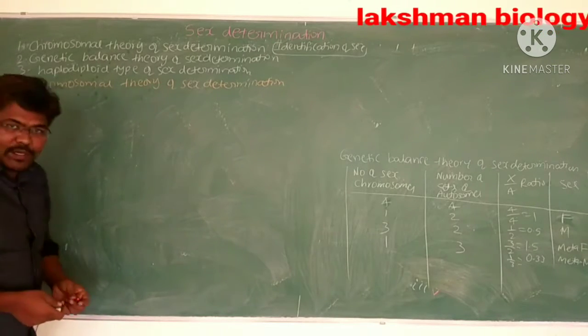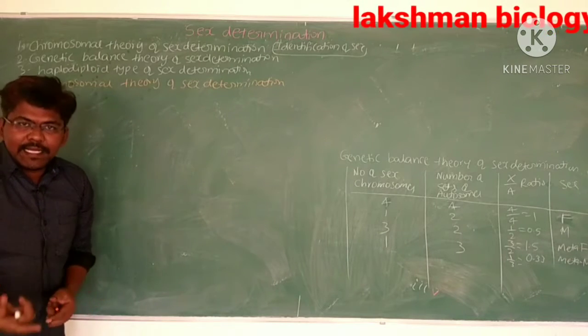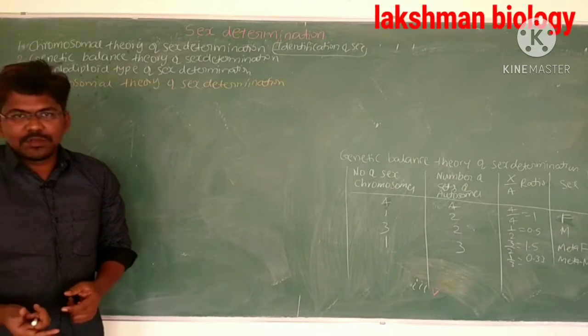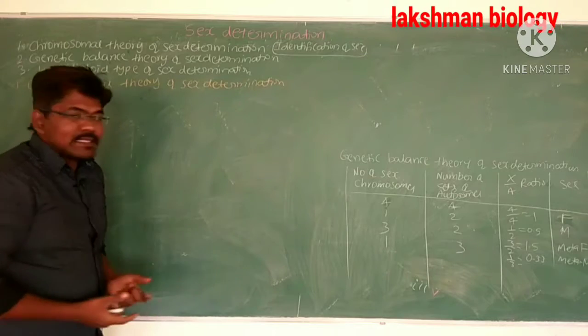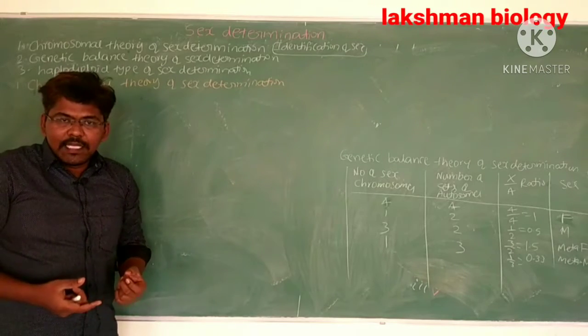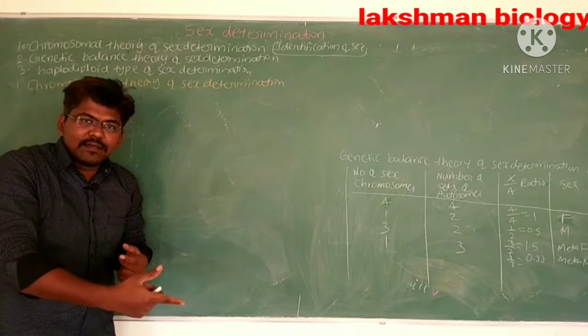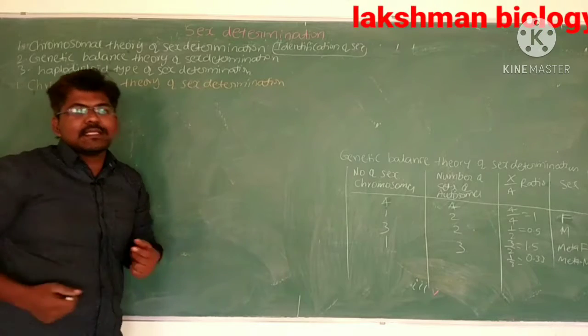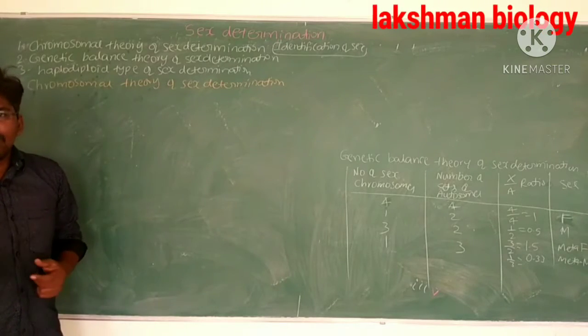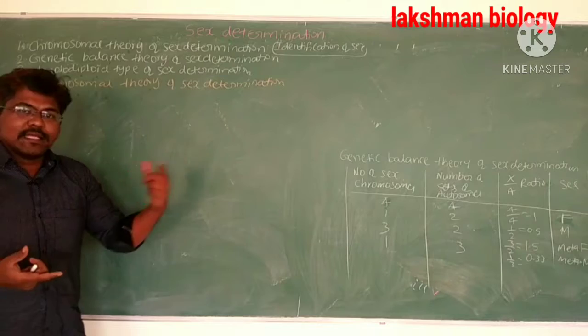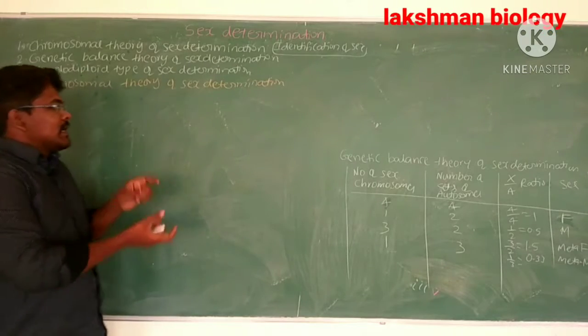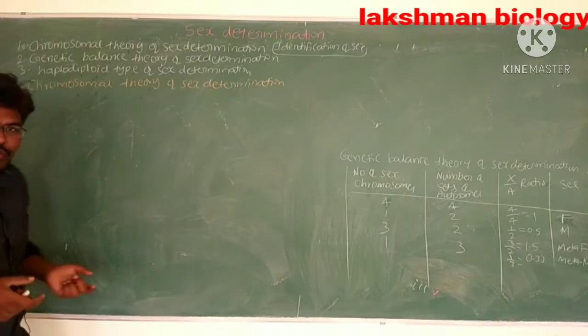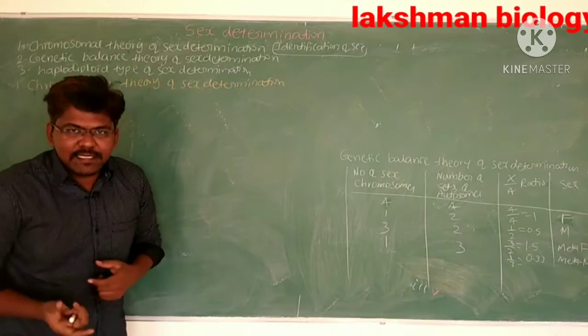Example, in human beings, males contain XY sex chromosomes and females contain XX sex chromosomes. If XY chromosomes are there, we can identify that the individual is a male. If XX chromosomes are there, the individual is a female.